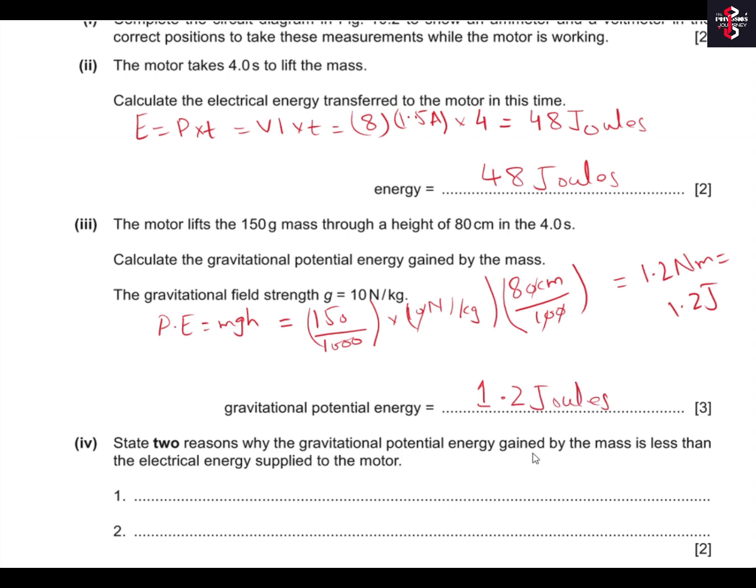State two reasons why the gravitational potential energy gained by the mass is less than the electrical energy supplied to the motor. So as you know, efficiencies are not equal to 100% because some of the energy is always lost in other forms.